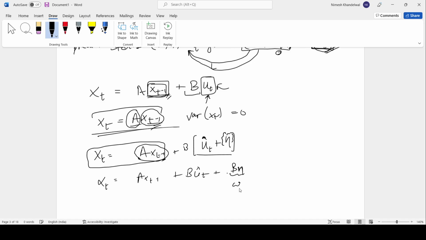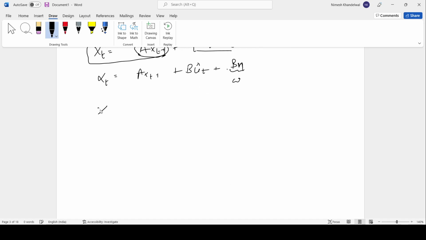Let us call this w. So even if you knew x_{t-1} exactly, still at time step t you have non-zero noise in the system.